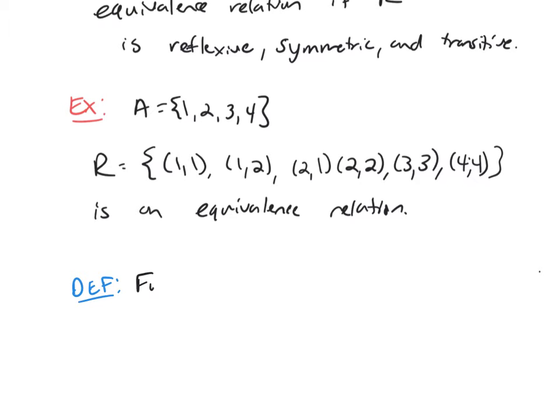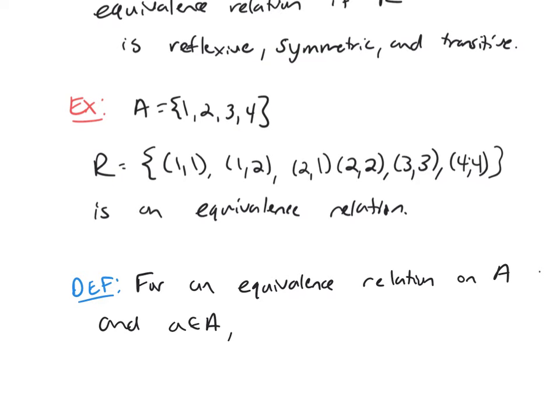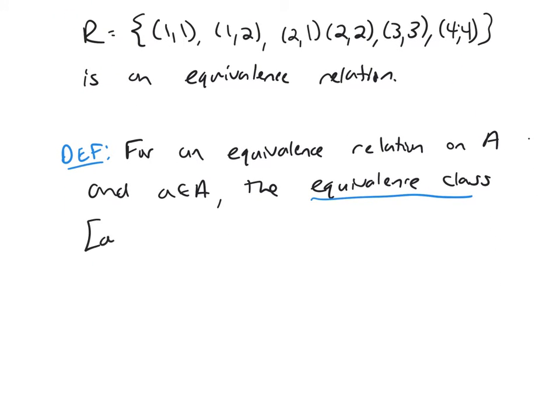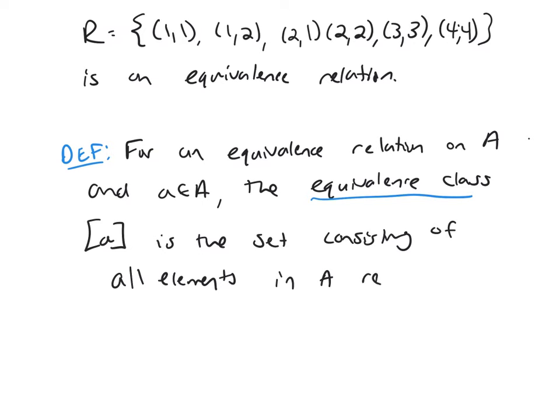For an equivalence relation R on A and an element a out of our set A, we defined the equivalence class, which is denoted by a with brackets around it, as the set consisting of all elements in A related to this element a.